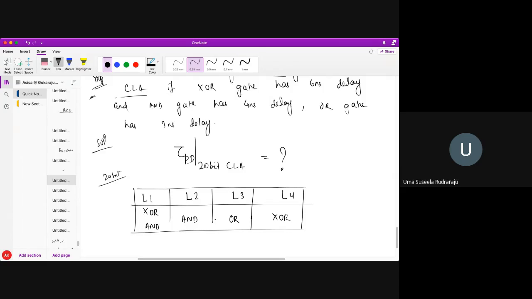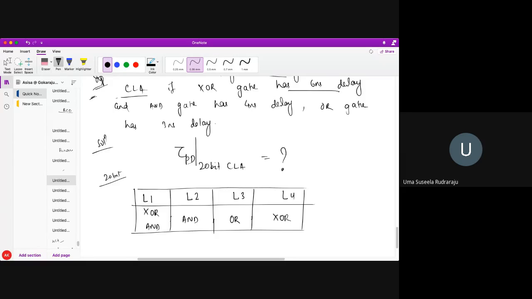So now tell me, what is the question given here? If XOR gate has 6 nanosecond delay, AND gate has 4 nanosecond, OR gate has 3 nanosecond, XOR gate has 6 nanosecond. Understand, students?